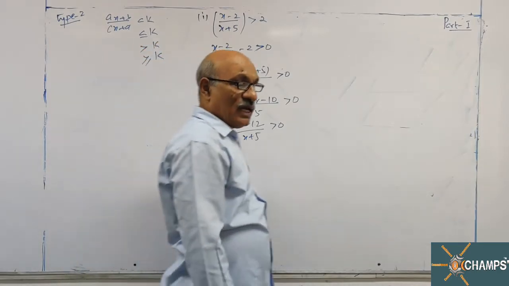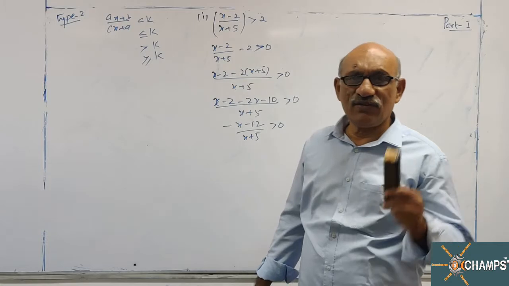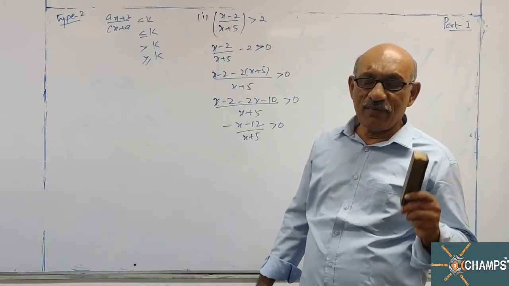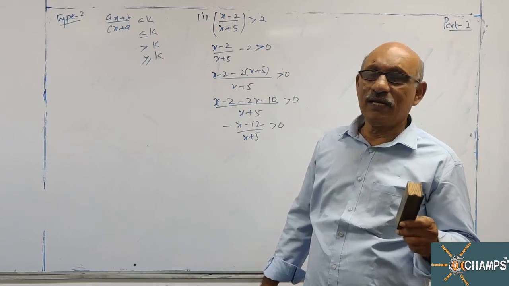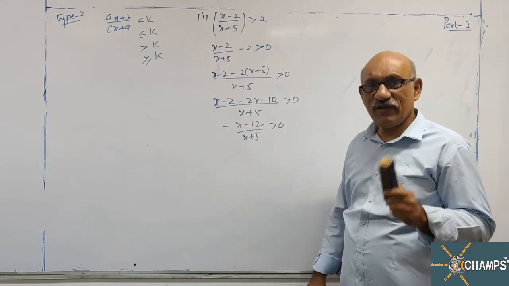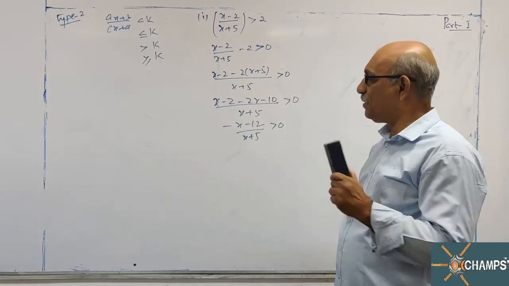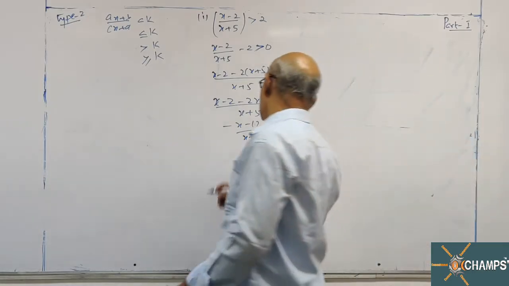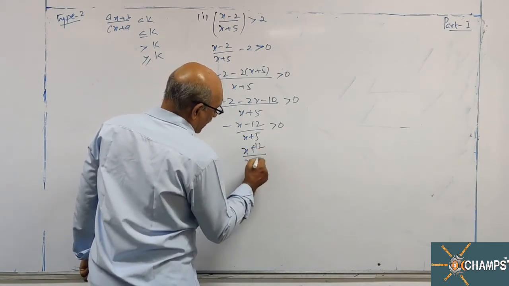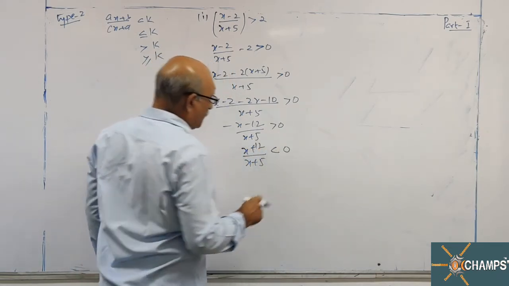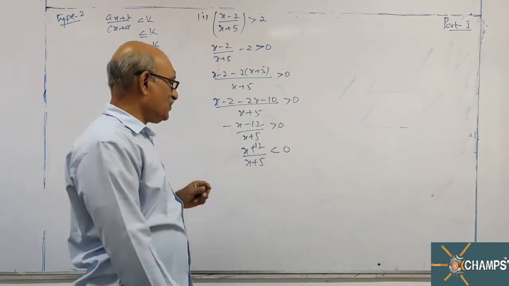Now remember, in the numerator as well as in the denominator, the coefficient of x should be positive. In any case, if it is not positive, multiply both sides with a minus sign. So this is x plus 12 divided by x plus 5 less than 0. When you multiply with a minus sign, the inequality will change.